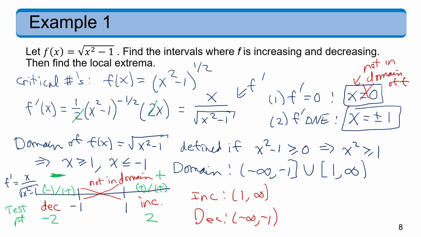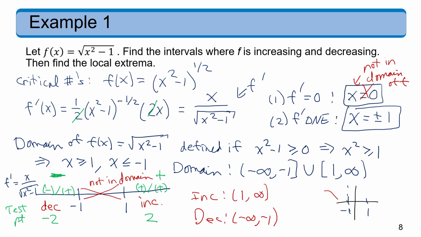All right, so if you wanted to visualize what this graph looks like, very roughly, it starts out decreasing until we get to negative 1. I guess I need to mark negative 1 and positive 1. So it's decreasing.